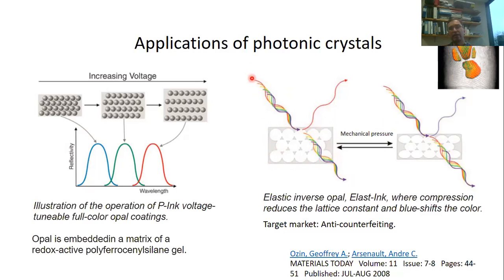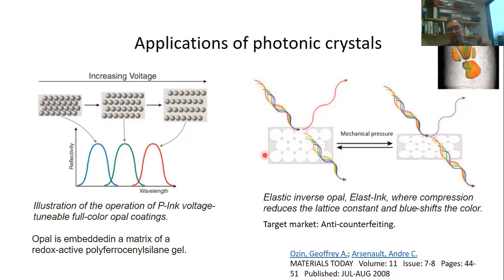We shine light on that photonic crystal, and because of the Bragg-Snell law, selectively one wavelength is being reflected, and that is the wavelength that we can observe, determining the color of the material. But the exact wavelength, of course, depends on the lattice constant of your periodic structure.